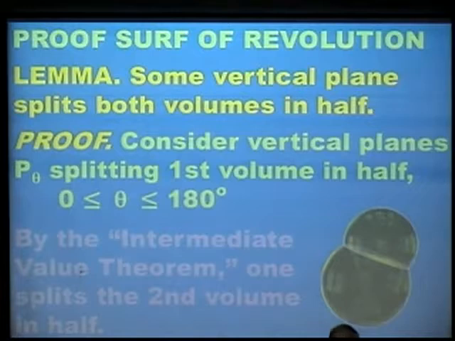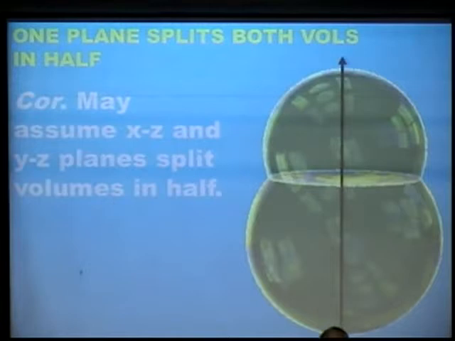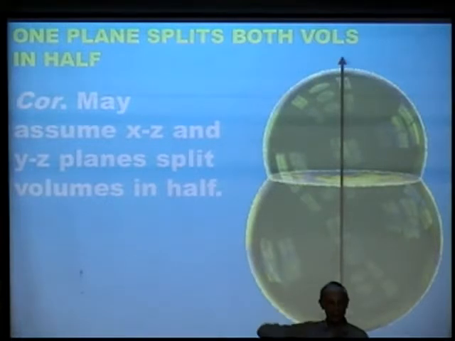So there we get a vertical plane that splits both volumes in half. Now I turn the picture over 90 degrees, making that a horizontal plane, and I repeat the argument, and I get a second plane perpendicular to the first plane that splits both volumes in half. We might as well assume then that they are the xz plane and the yz plane, which meet along the z-axis, which maybe you can guess is going to be the axis of rotational symmetry.